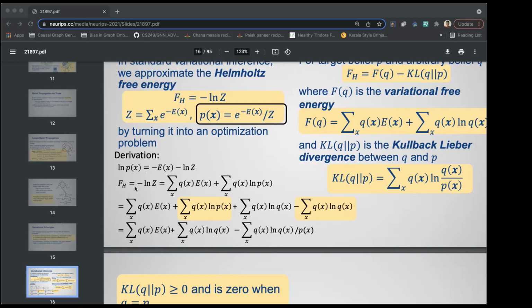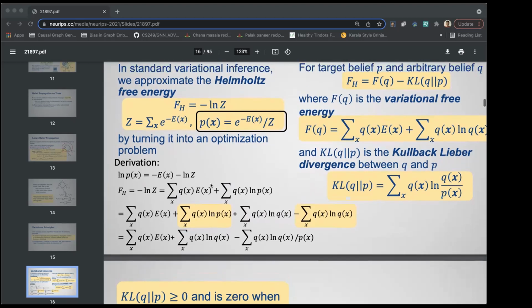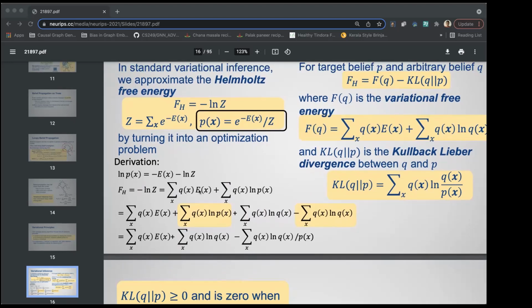And then furthermore, we see here that the Helmholtz energy, which is equal to the negative log of z from this definition that we have up here, is going to be equal to the sum over all x of q of x times the energy of x plus the sum over all x of q of x times log p of x.